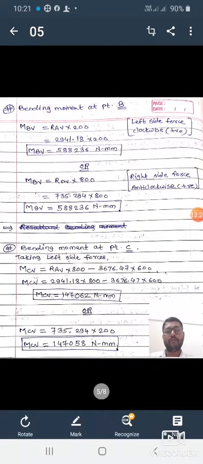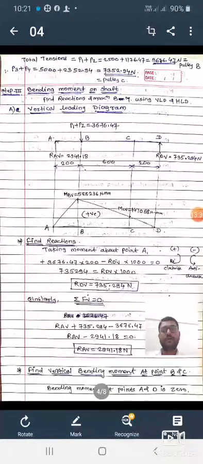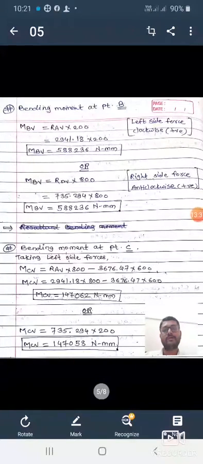To find the vertical bending moment at point B, MBV, we consider left side forces as clockwise.